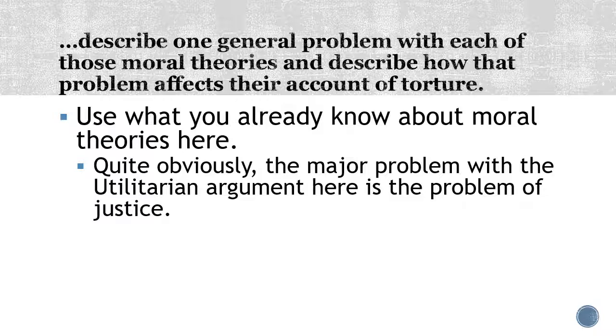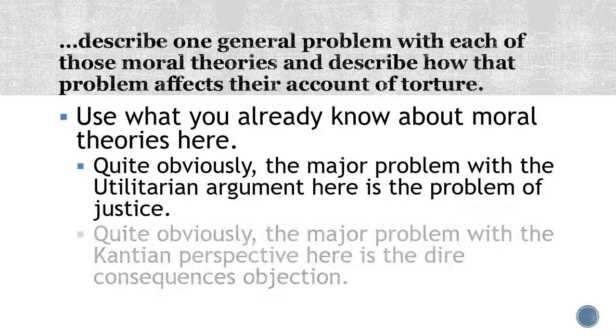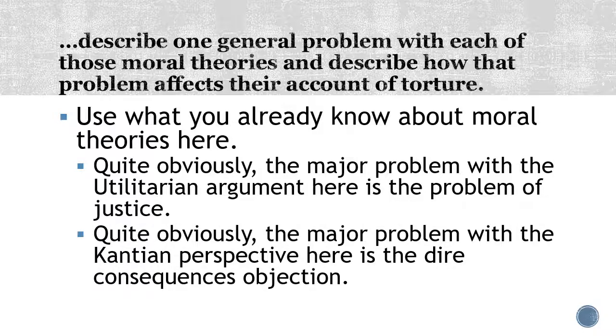Now, of course, if you want to stick to your guns and talk about people's rights and talk about what duties we owe to people, not treating people like things, etc., all that makes sense. That's a really good case. But quite obviously, the major problem with the Kantian perspective is the dire consequences objection. It's just like the guy that comes to Kant's door and says, "Hey, is your friend in there? I want to kill him," and Kant has to say yes, right? So you've got this situation where there's terrible consequences if you don't torture somebody, but you have to just sit there and say, "No, you can't torture people.